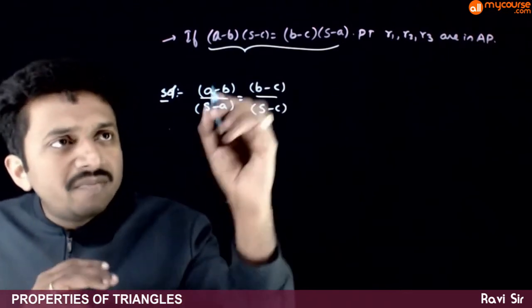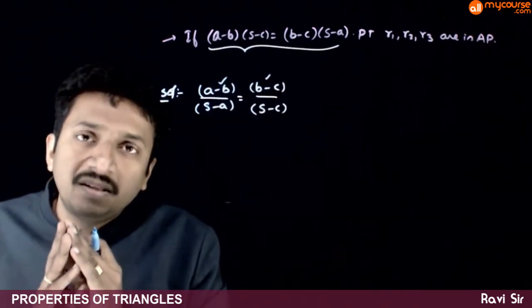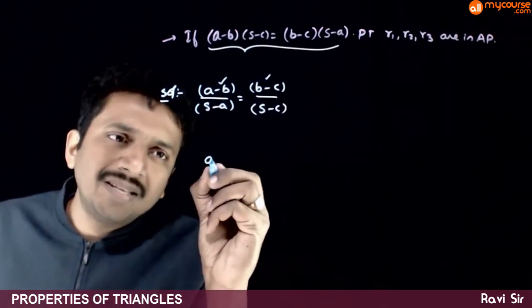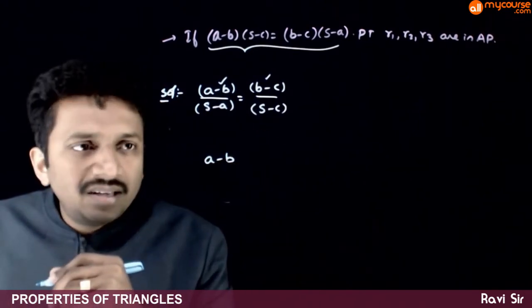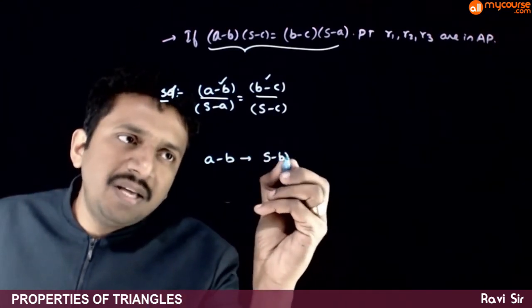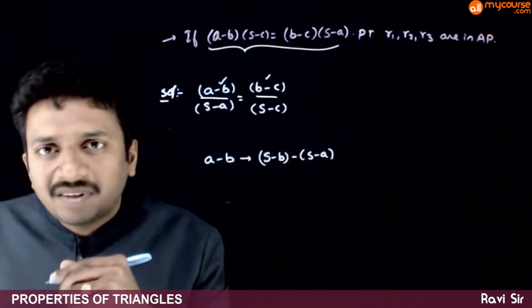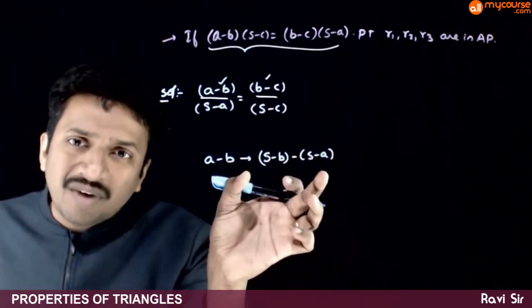Now let us try to simplify these terms A minus B and B minus C. So now how can I write A minus B as? A minus B can be written as S minus B minus of S minus A. So let us see whether this is valid or not.